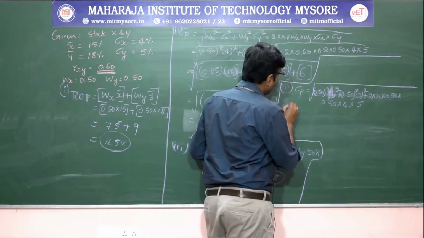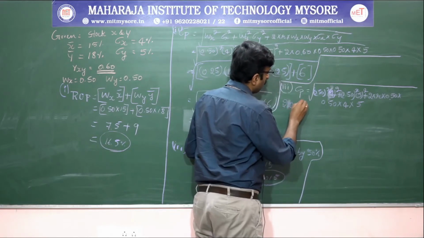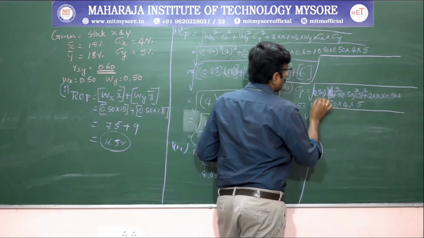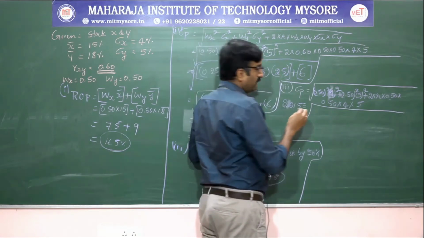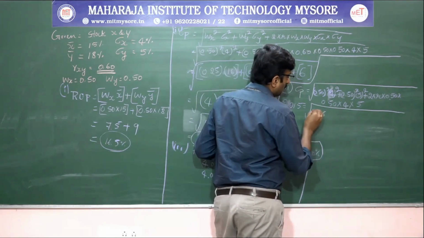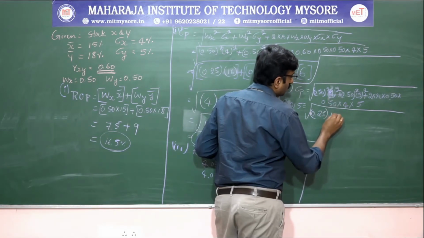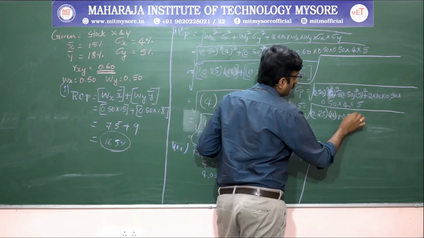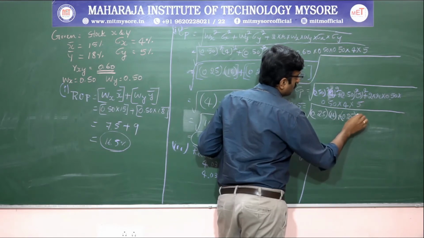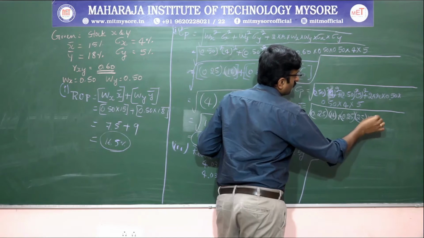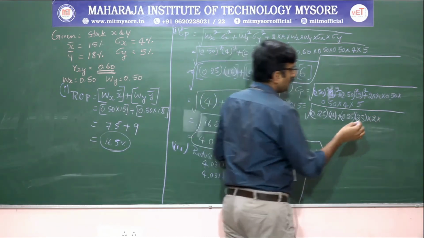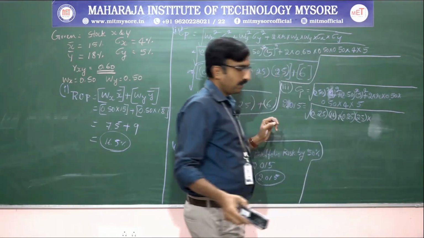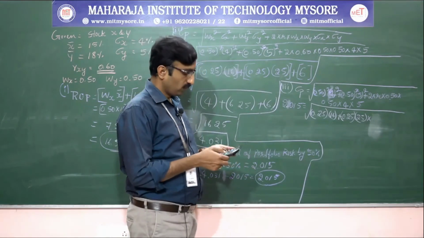So write down 2.015, the standard deviation, is equal to 0.50 square, that is 0.25, into 4 square, that is 16, plus 0.50 square, that is 0.25, into 5 square, that is 25, plus 2 into 0.50 into 0.50 into 4 into 5.